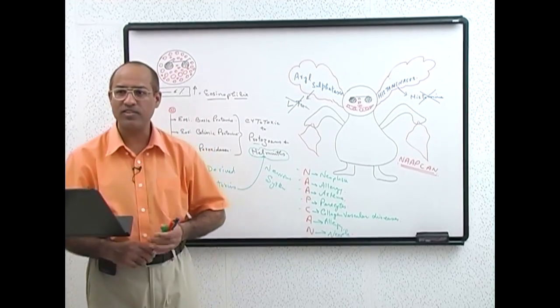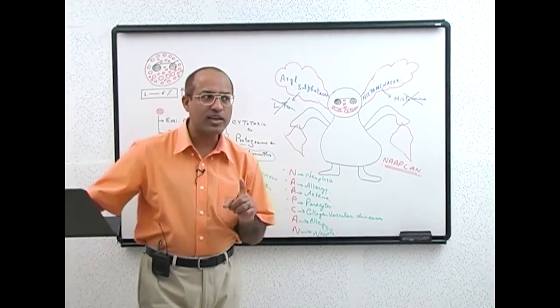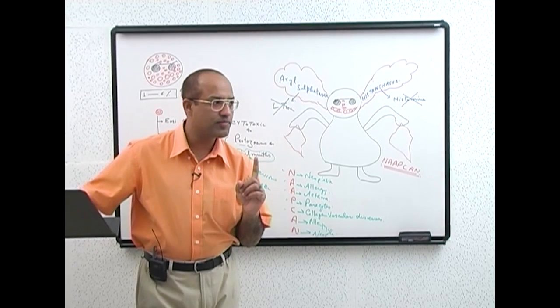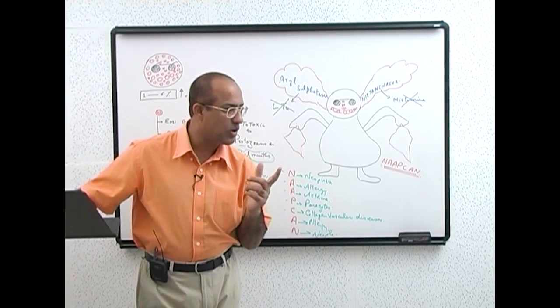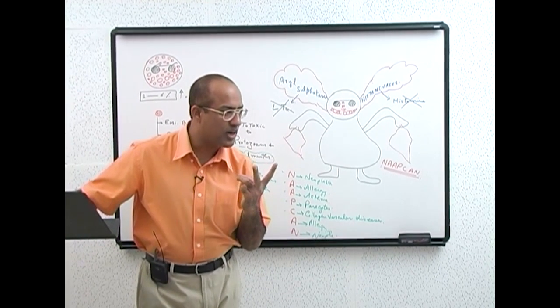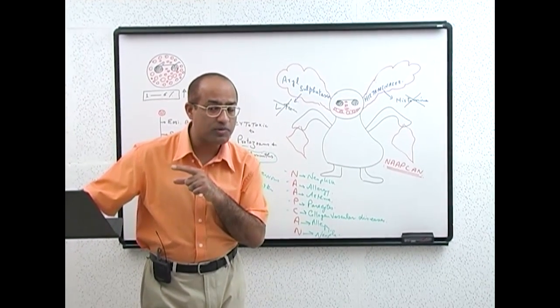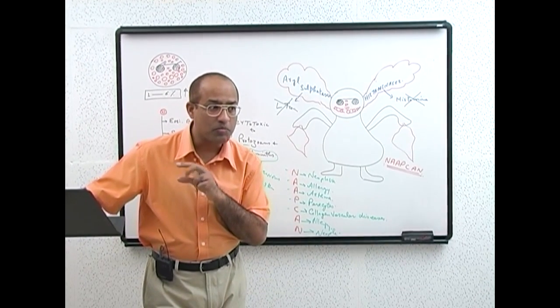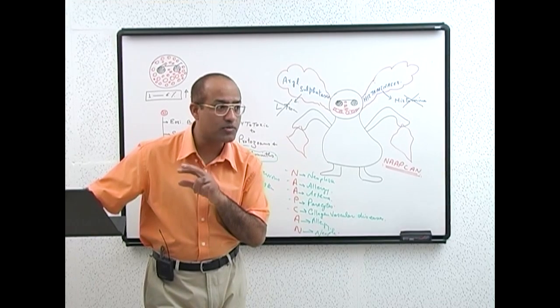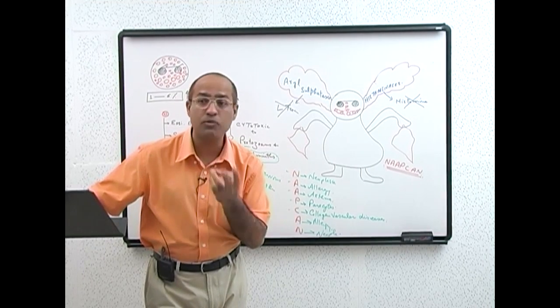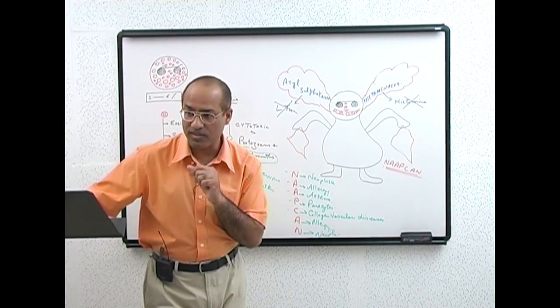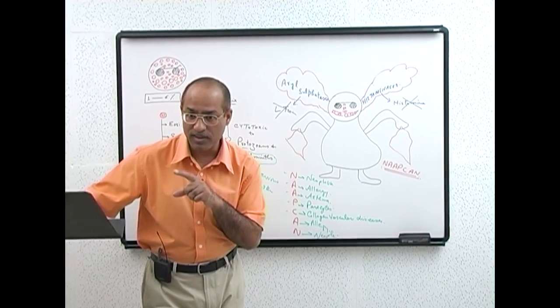So again, let's revise it. Eosinophil, the granulocyte with what type of granules? Eosinophilic granules. What type of nucleus? Bilobed nucleus. And neutrophils have what type of nucleus? Multi-lobed nucleus, maybe 2, 3, 4 or even 5 lobes in the case of neutrophils, right?